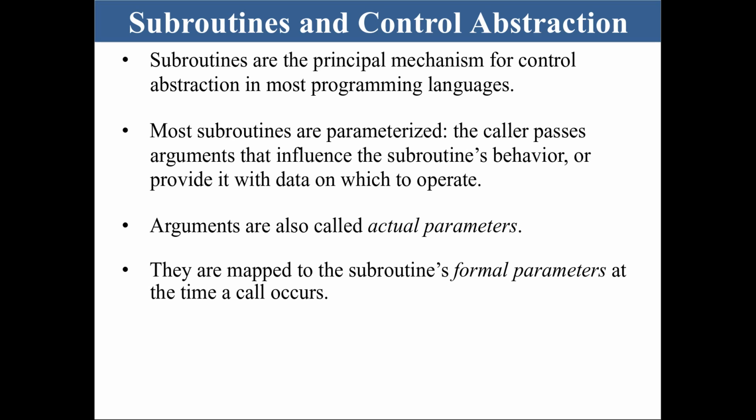The caller passes the arguments that influence the subroutine's behavior, or we can say that the caller provides subroutines the data on which to operate. Those particular arguments are called actual parameters, and these actual parameters are mapped to a subroutine's formal parameters at the time a call occurs.